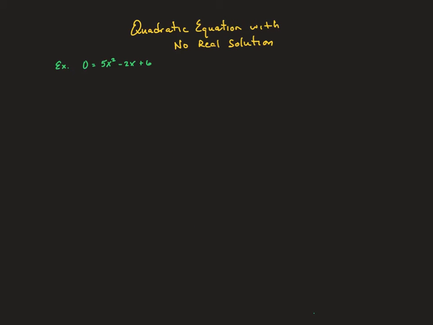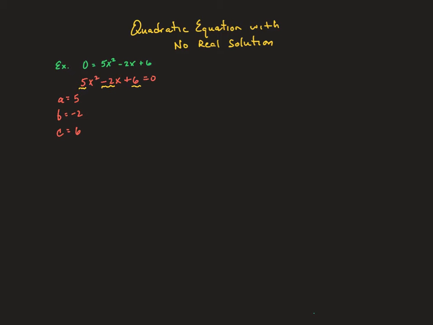Now, when you have no real solution, what is that going to look like? Well, we're going to do the same thing that we did before. With this example, I'm just going to turn it around just because we are used to looking at it in a certain direction, but it does not matter. A is going to be equal to 5, B is going to be -2, and C is going to be 6.